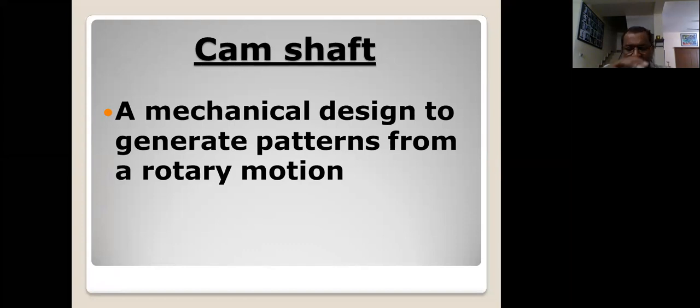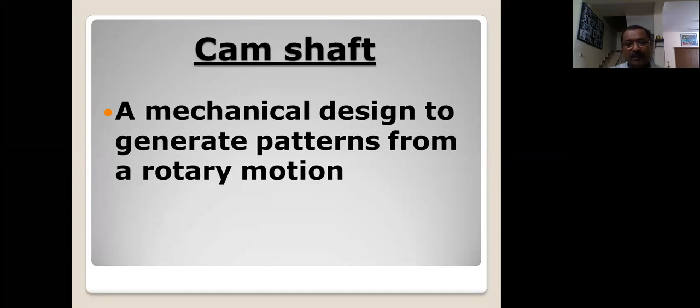Here we have a rotary motion, and you are supposed to generate some patterns of motion from that. In that case, we will be using a camshaft. Its practical application is there in a diesel engine, and we will be looking at it.